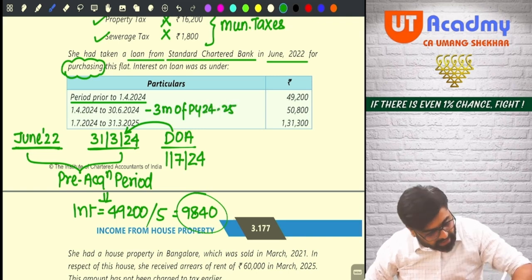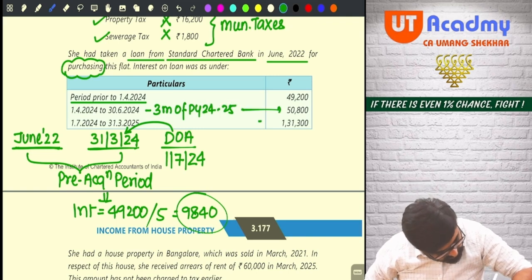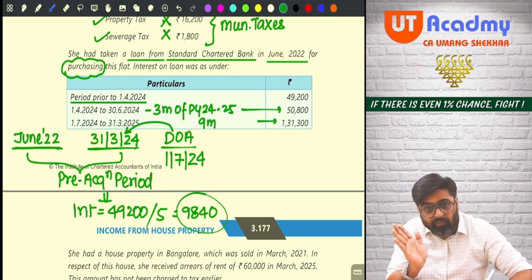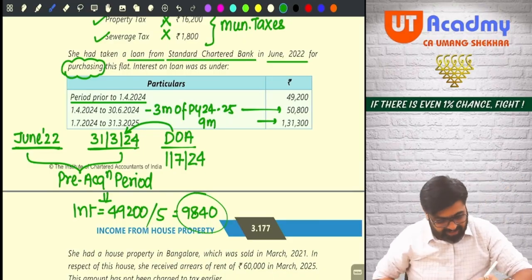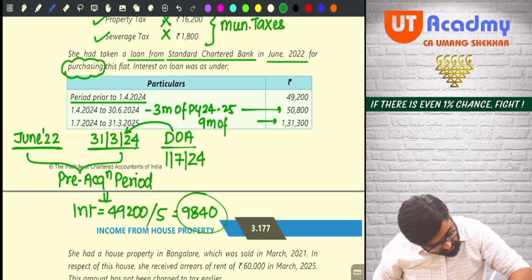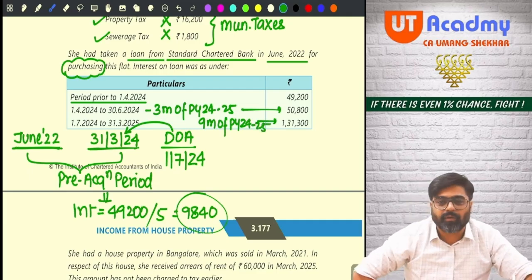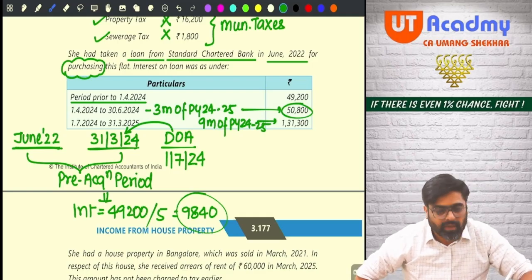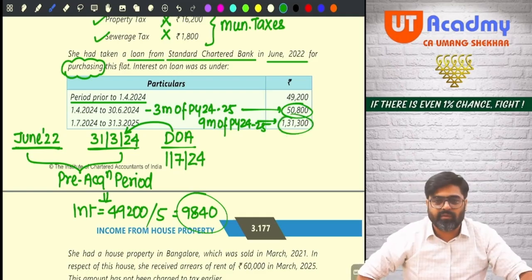Yes or no? And this interest relates to the last 9 months, starting from 1st July till 31st March, 9 months of previous year 24-25. Yes or no? Can I say this is the interest for 24-25?